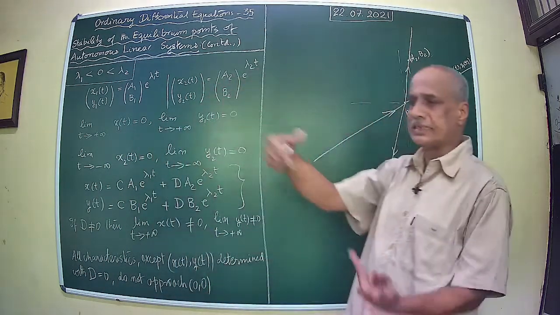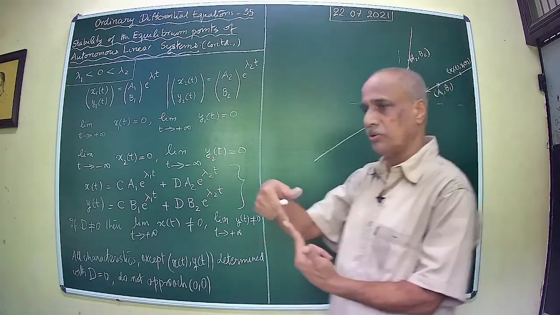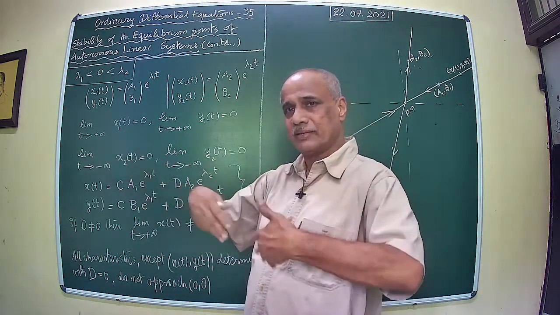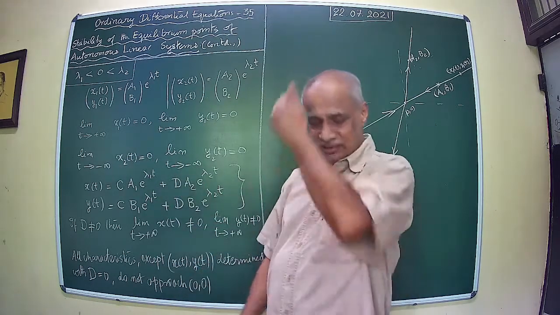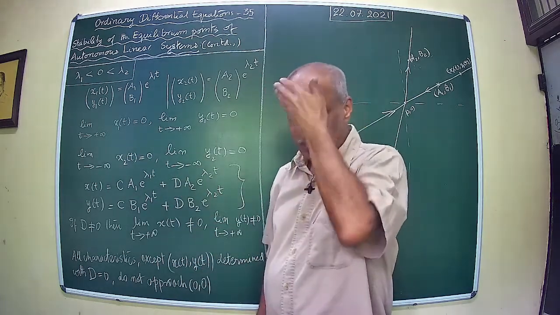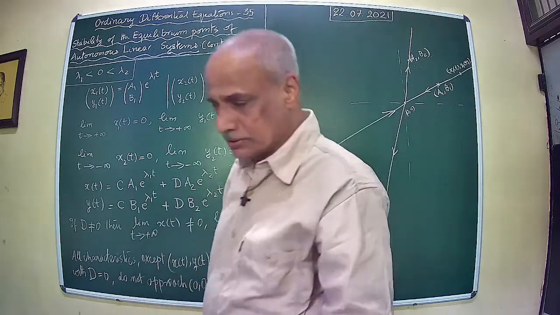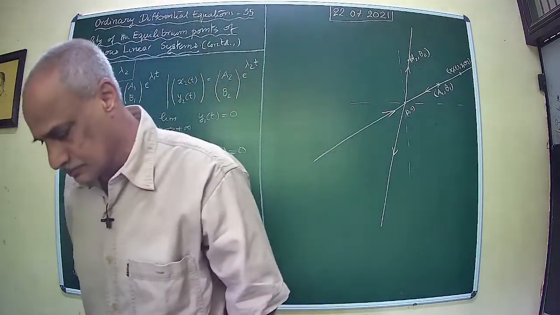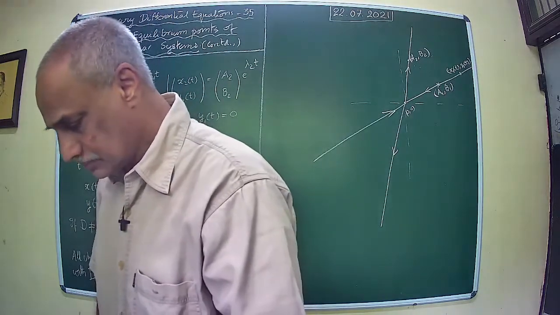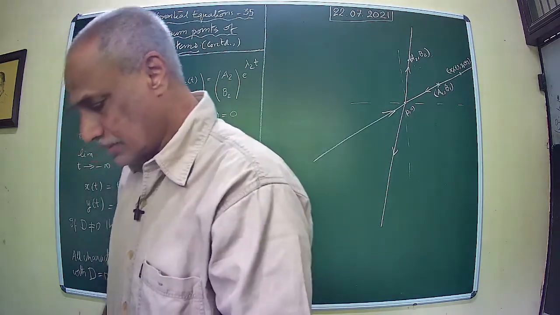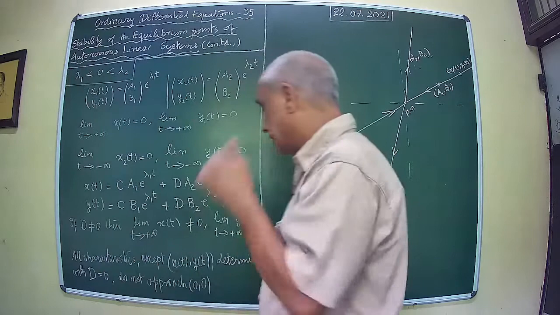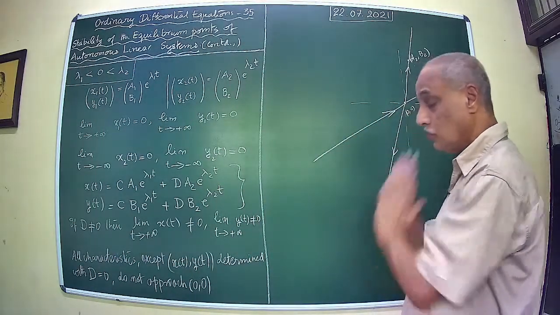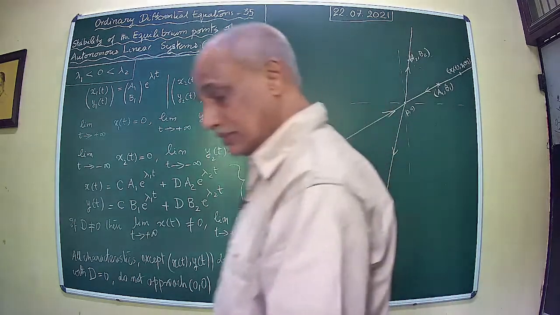Only two characteristics approach the point (0, 0). All other characteristics never go to (0, 0). And you can even work out the behavior of this, what happens as t tends to plus infinity, in which direction they will be moving away. So you can work out this.